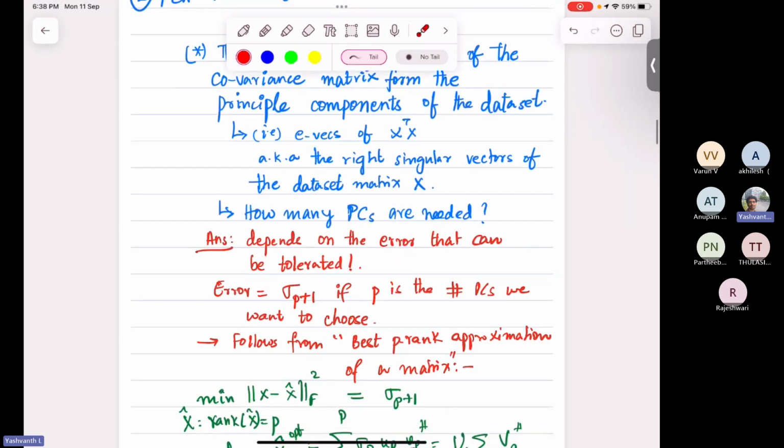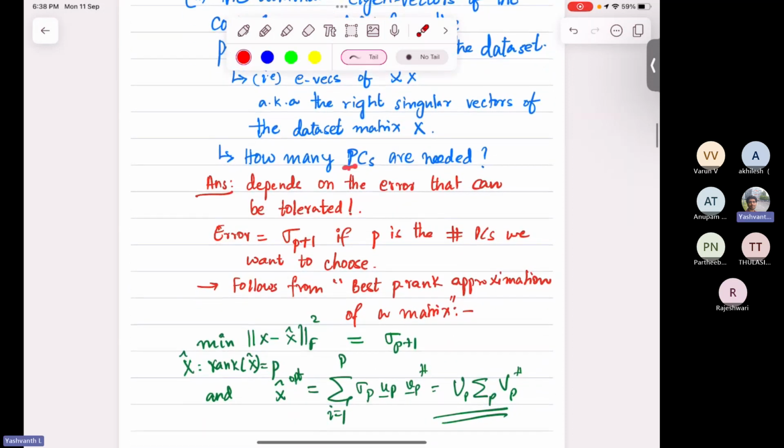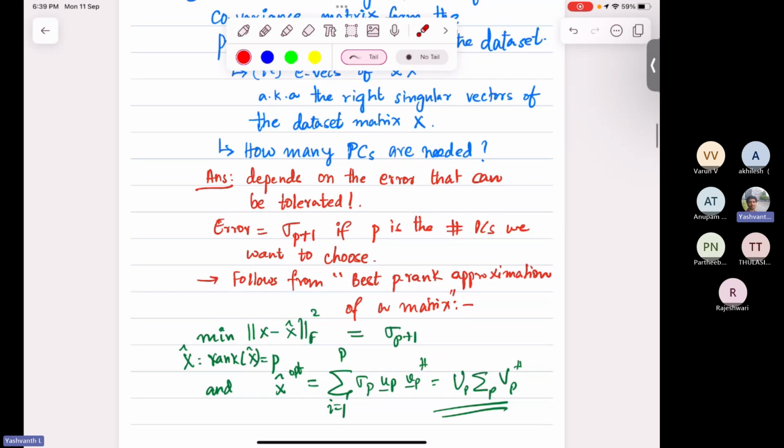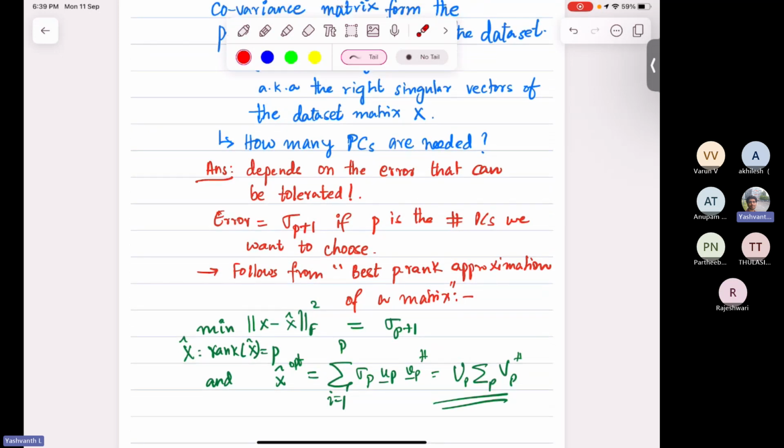Again, how many principal components should you choose? In this particular context, the professor gave the example of the best K rank or P rank approximation of any matrix X. This matrix may be full rank.